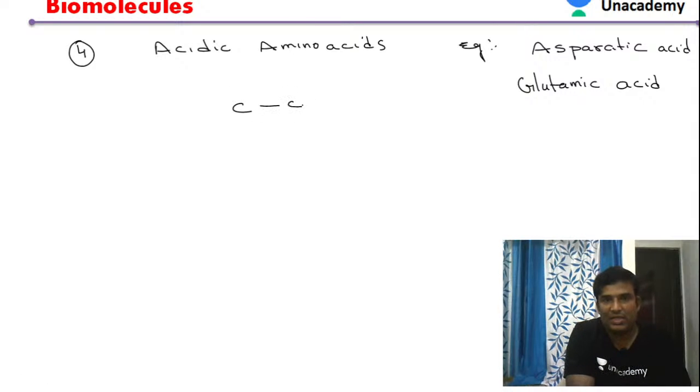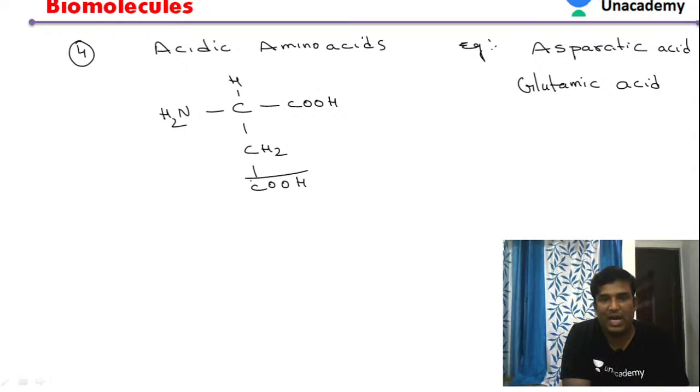If you see this aspartic acid, now you have an additional carboxyl group.